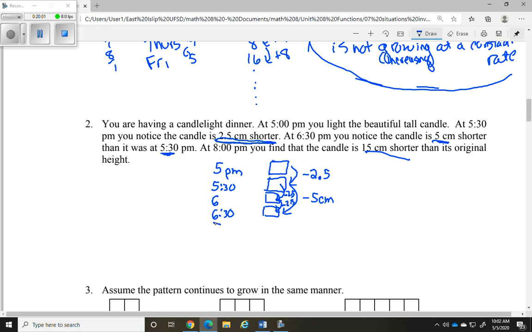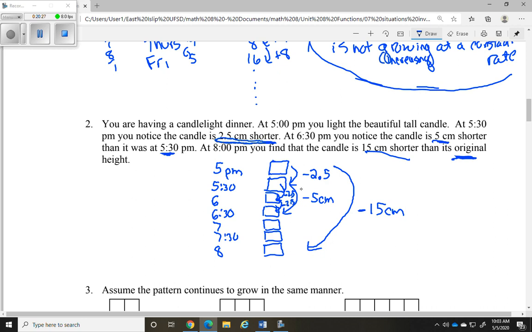So there was a 7, a 7:30, and then an 8. And it's 15 centimeters shorter than the original. So way back from the beginning, all the way down here, it decreased by 15 centimeters. Is that constant?